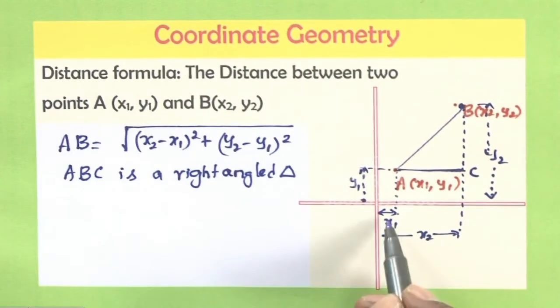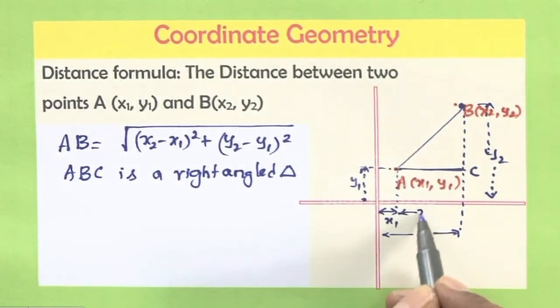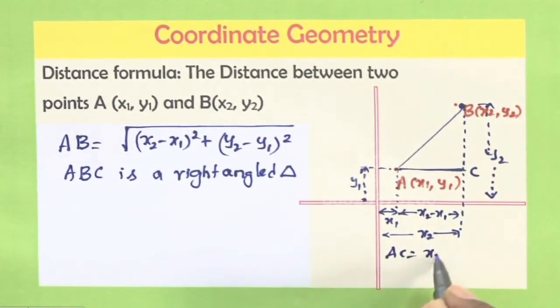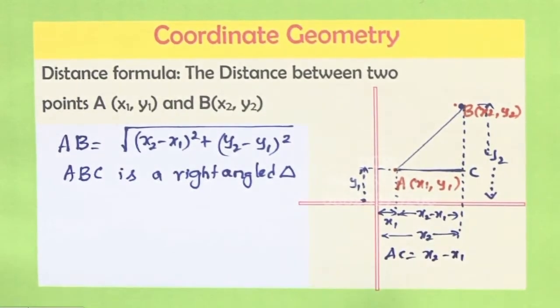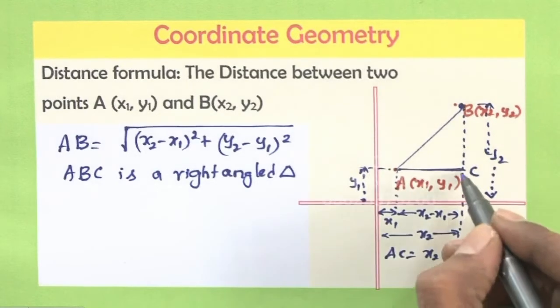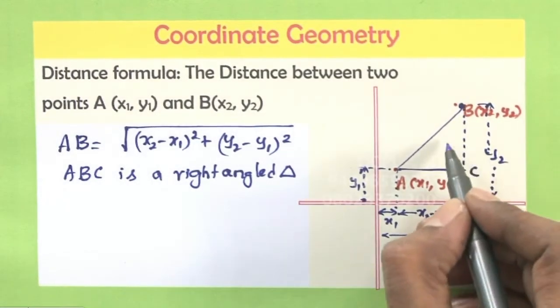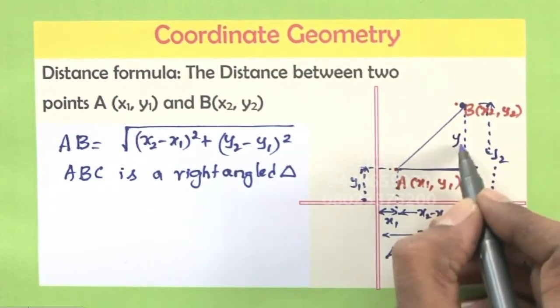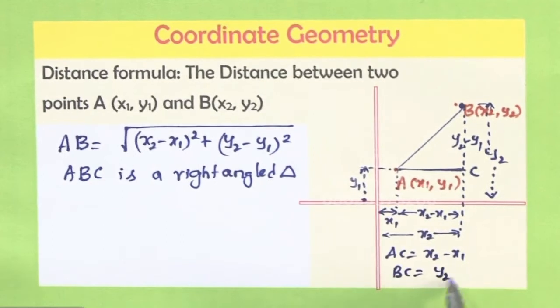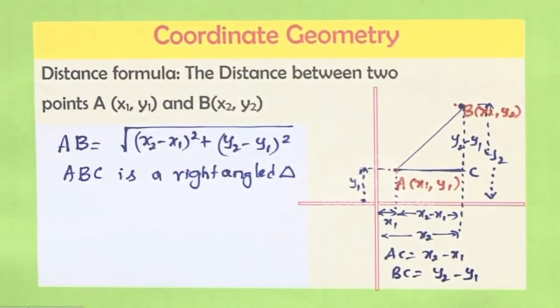If this is x2 and this is x1, this will be x2 minus x1. That means AC is equal to x2 minus x1. Similarly, if this full length is y2 and this length is y1, BC will be y2 minus y1. So BC is equal to y2 minus y1.